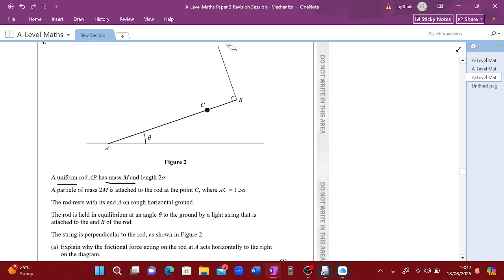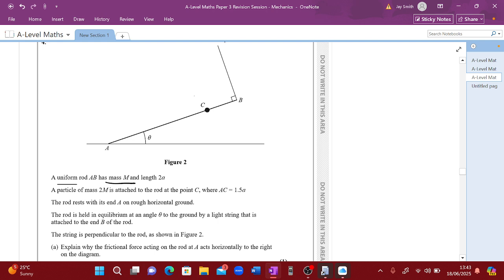Therefore, we have two particles here, but there's going to be no reaction force at C because it's a rod, and anything that isn't a surface touching the rod. So this isn't a surface; it's the particle, so it's going to have no reaction force. Is this a wall?